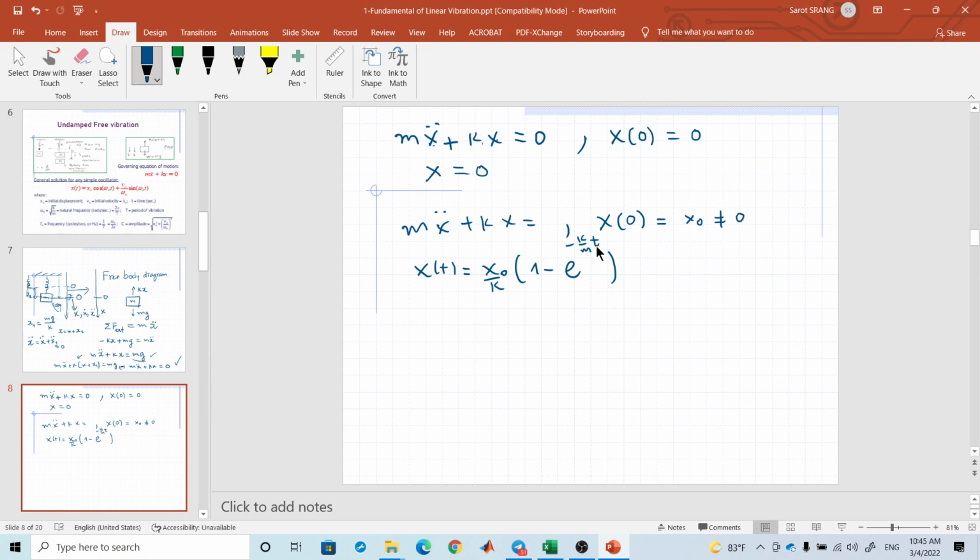So when t equals 0, e to the 0 equals 1.